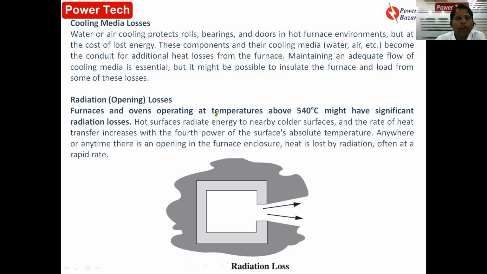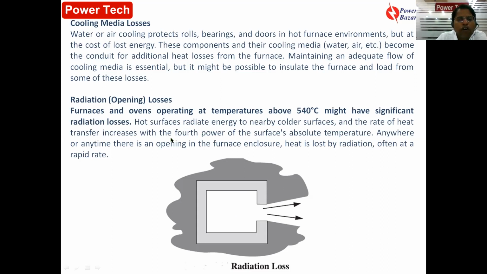Now, radiation opening losses. Let us say this is a furnace where the metal has to go out. If you keep it open, there is a very high temperature zone inside the furnace. Now, the radiation loss is almost the fourth power of the surface absolute temperature. Remember this: if it is 30 degrees centigrade, then the absolute temperature will be 30 plus 273 Kelvin.